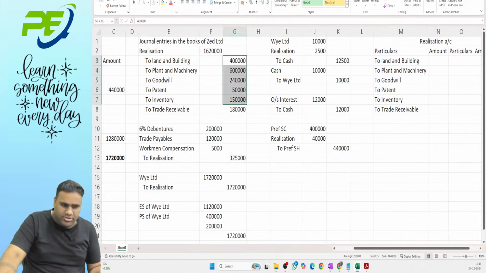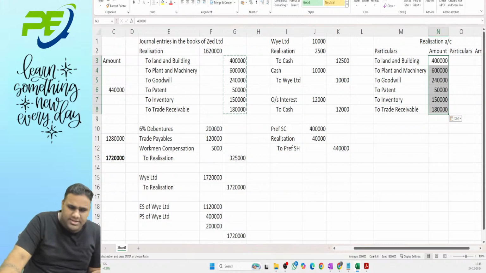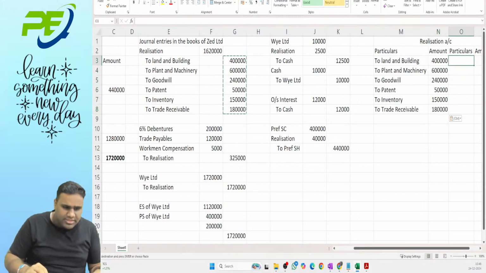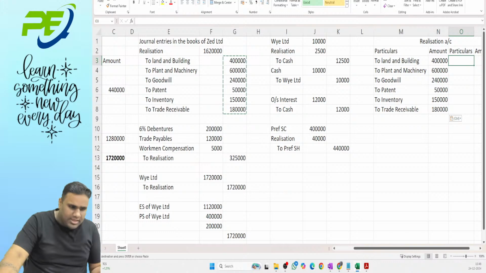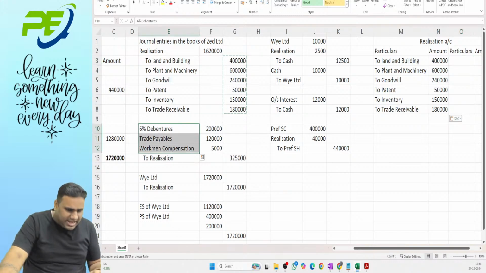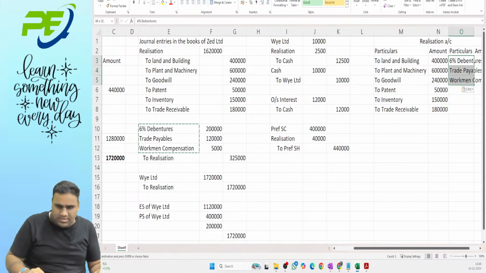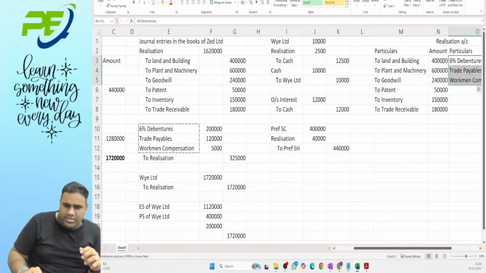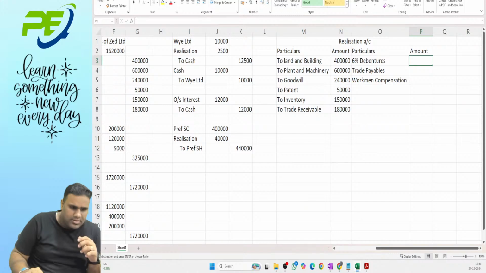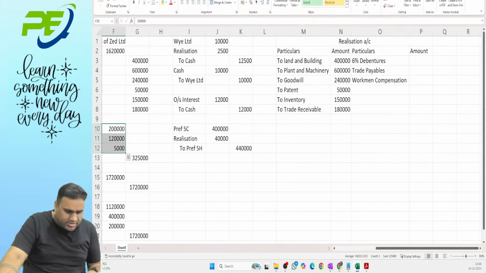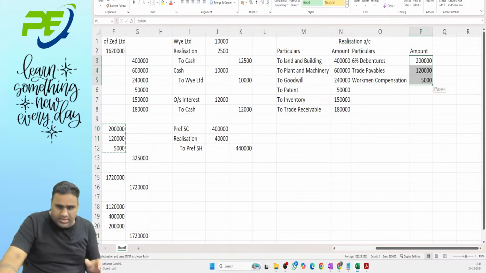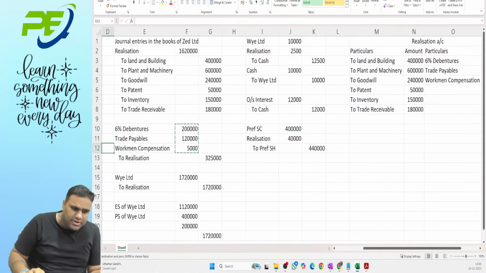In all these amounts. Now next, liabilities. So by 6% debenture, trade payable and workmen compensation. Amounts 2 lakh, 120 and 5,000. Then purchase consideration due.